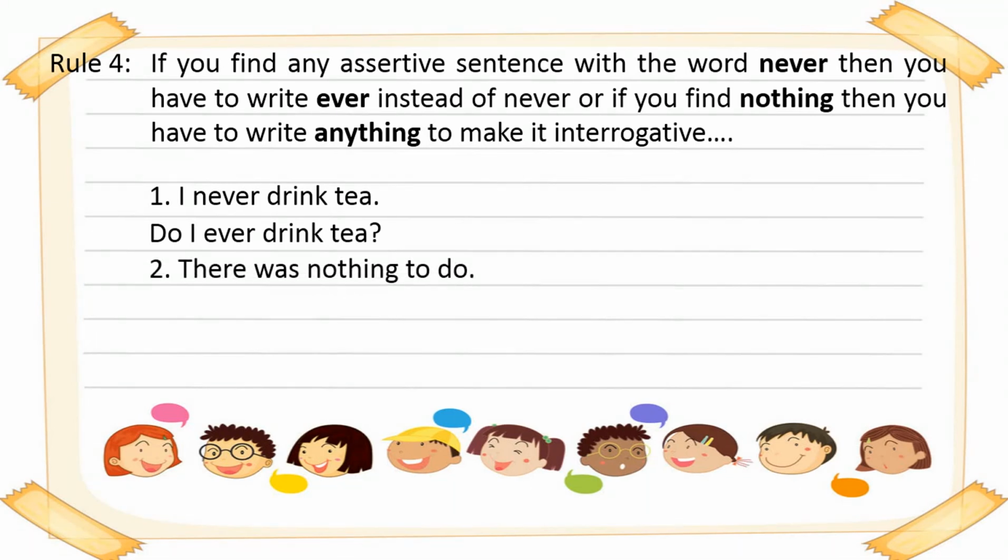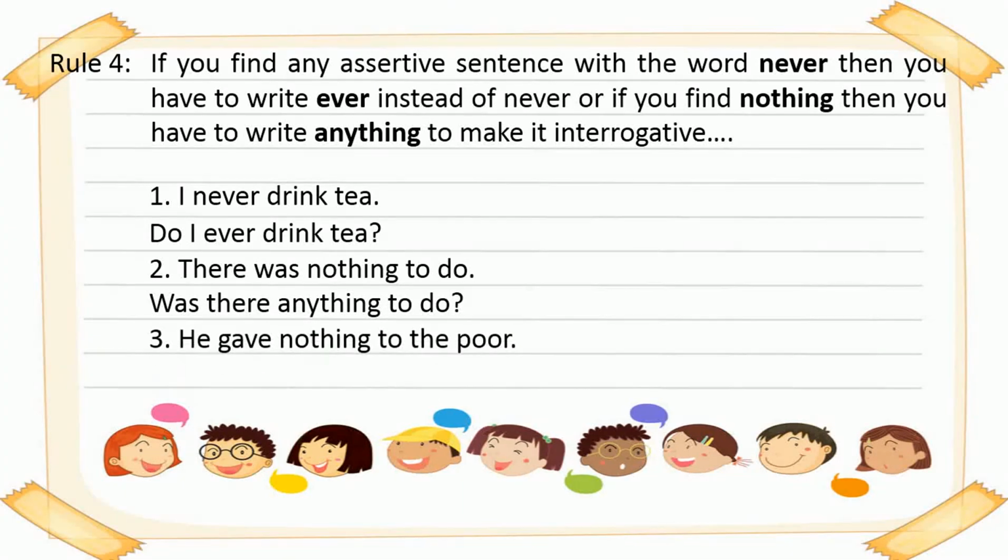Next example: there was nothing to do. Put the auxiliary verb before the subject: was there nothing. You find nothing, so you have to write anything. So, was there anything to do? Okay. He gave nothing to the poor.